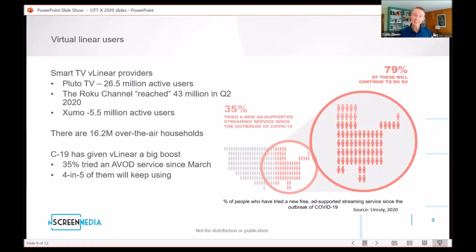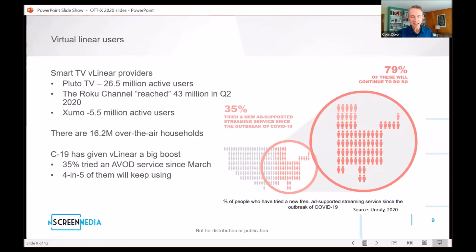And it looks pretty spectacular for growth and for retention, and COVID-19 has really done a great job in sensitizing people to the fact that these services exist. According to an Unruly study, they found that 35% tried an AVOD service since March, of which of course virtual linear is part, and 4 in 5 say that they plan to keep using those services going forward.